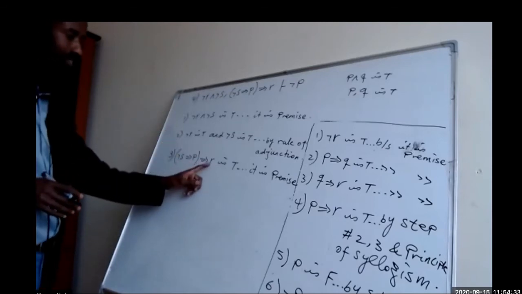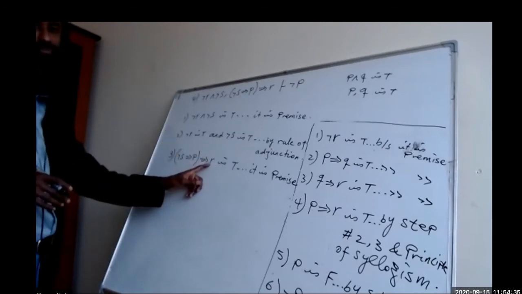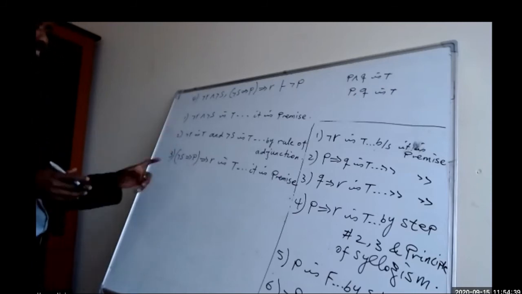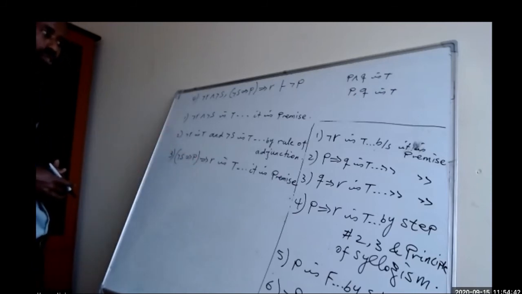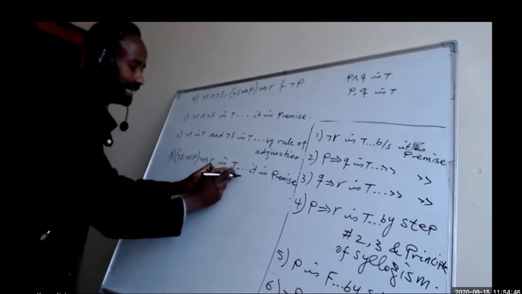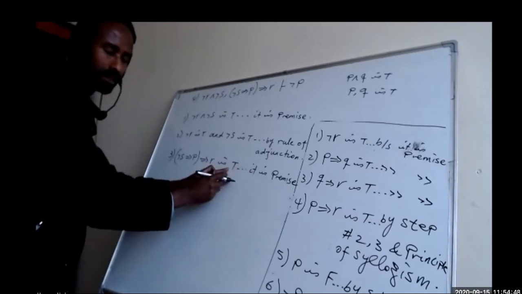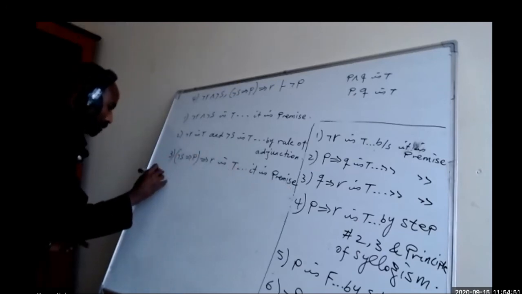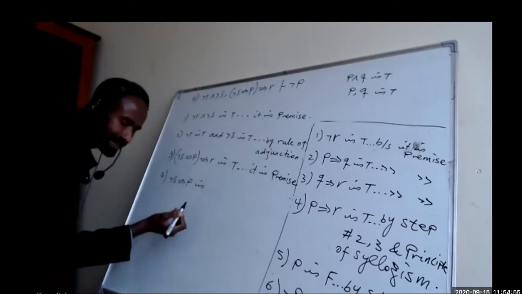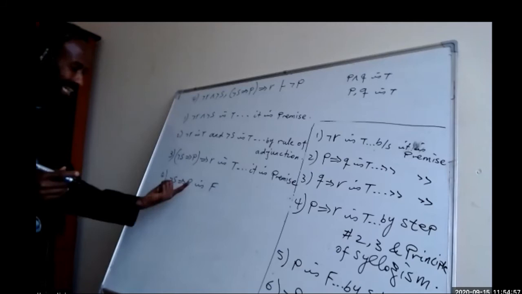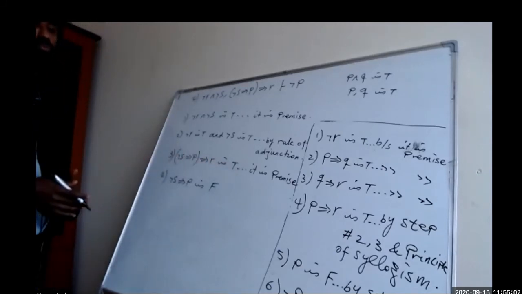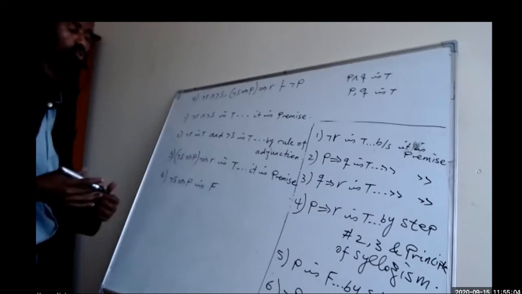Look, R is known to be false, because by step number 2 and by the rule of negation, R is already known to be false. And this total implication is given to be true because it is a premise. So step number 4, negation of S implies P is false. Unless it is false, this implication will not have a truth value true.